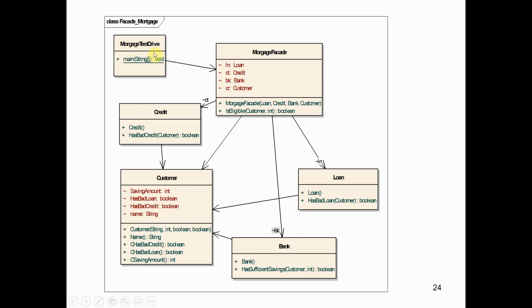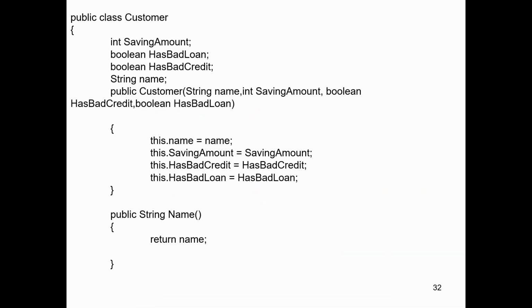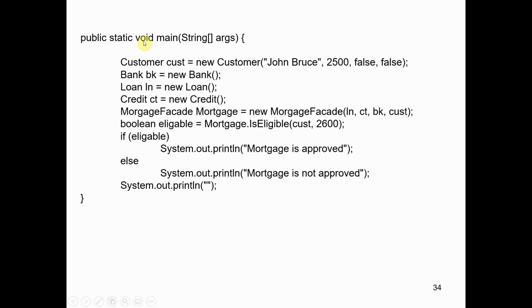What you need to do is just specify the customer and then call isEligible. Okay, so this is the client code. You create a customer, and of course you need to create all the objects within the subsystem, and then you just call this one method, isEligible, providing a customer and the amount the customer is trying to get.